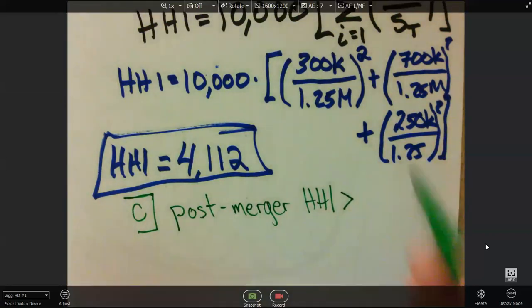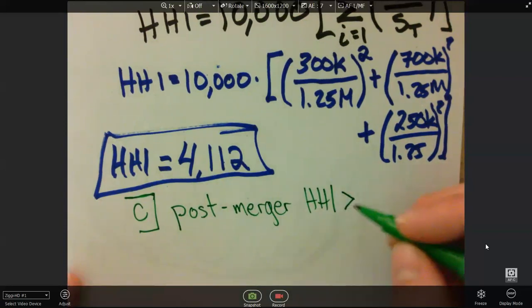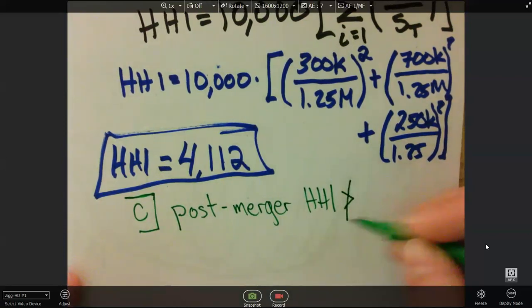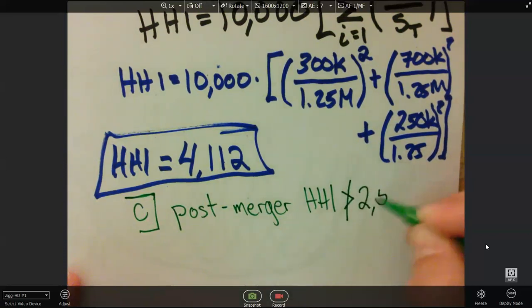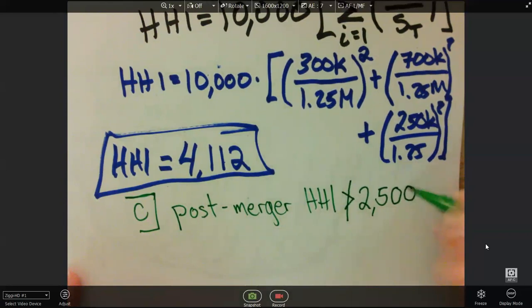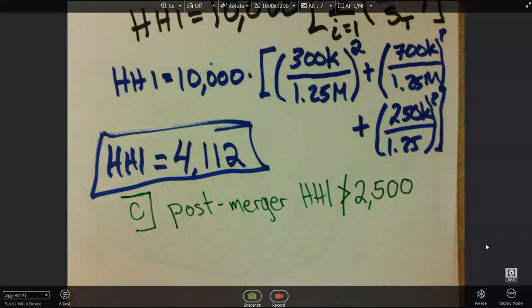All right, so the post-merger HHI cannot be greater than, right, 2,500. That's their line in the sand. That's their arbitrary no-no zone.